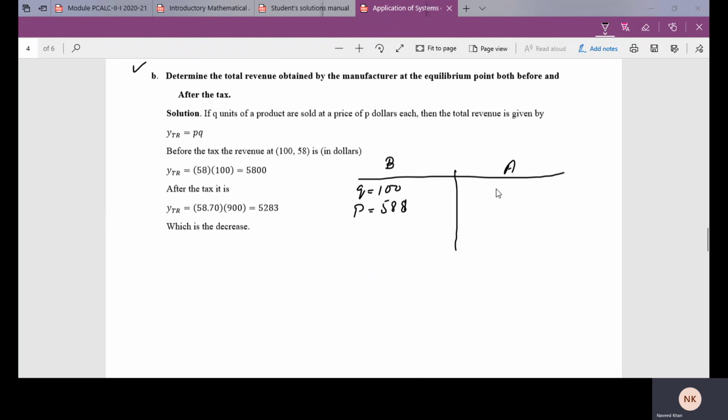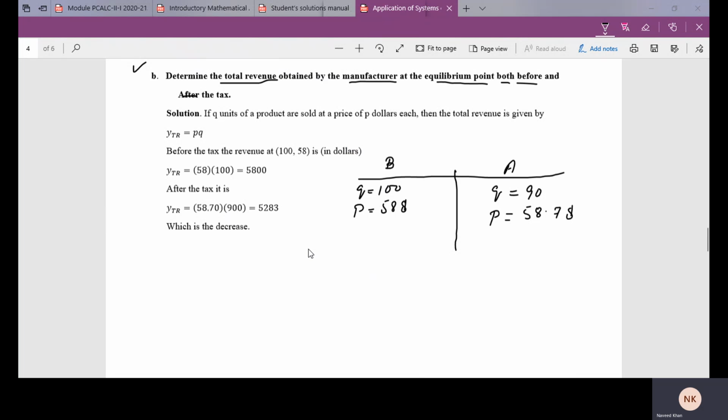After tax, the value of Q was 90 units and the price became $58.7.